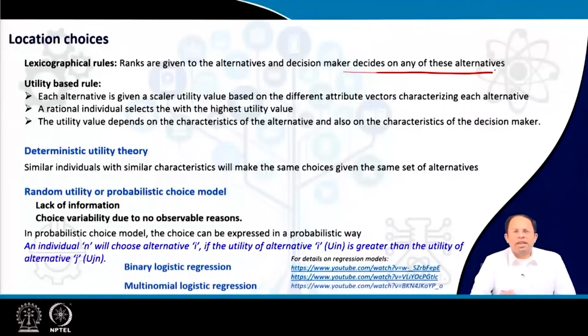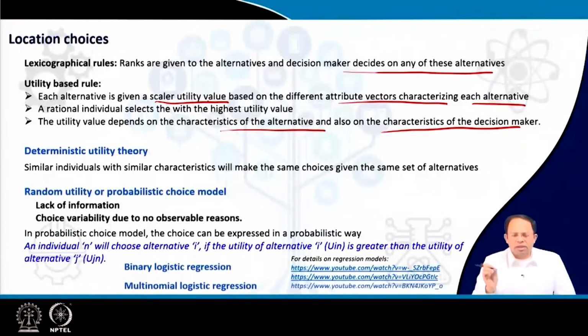Here, each alternative is given a scalar utility value based on the different attribute vector characterizing each alternative, and also the decision maker's characteristics as well, right? So the utility value depends on the characteristics of the alternative and also on the characteristics of the decision maker. The utility value is a scalar quantity.